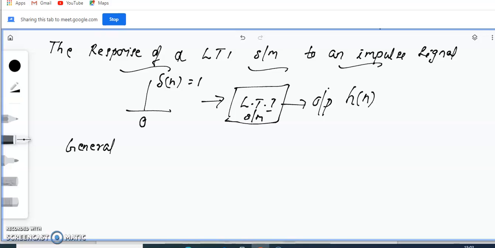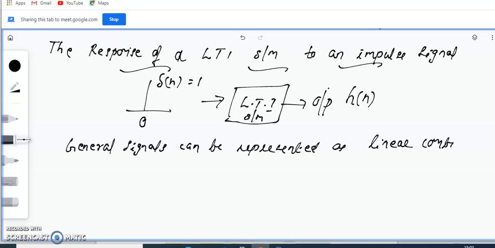General signals can be represented as linear combination of delayed impulses. What does this mean?